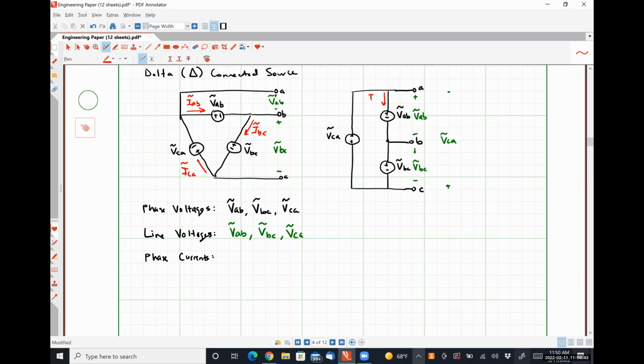On this diagram, here's IAB, here's IBC, here's ICA. Everybody okay? Anything seem wild or wacky?